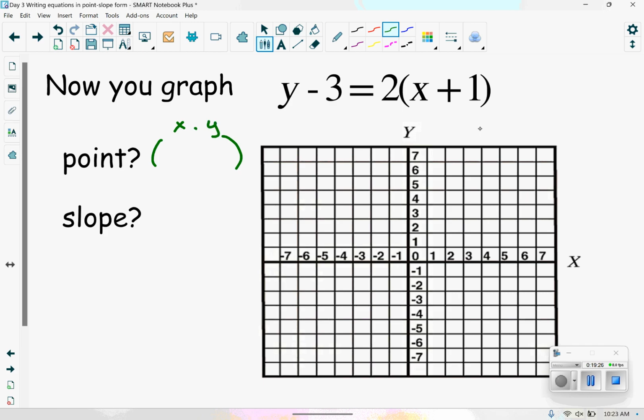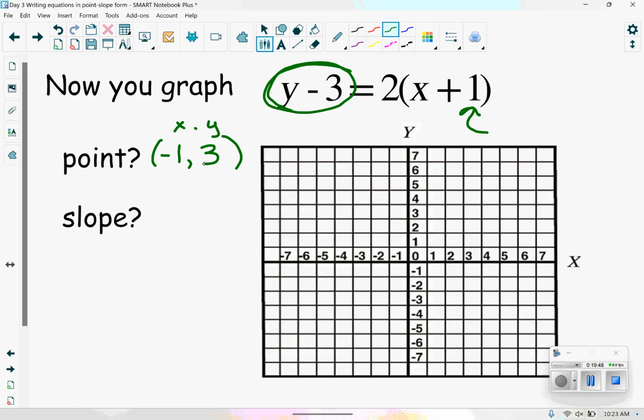So you've got to go way over here to find the x. Don't jump and get that 3 from over here with the y. You have to find the number with the x. And remember, it's the opposite of that number. So the x is -1. And now jump over here to find the y, and it's going to be the opposite of -3, so 3.